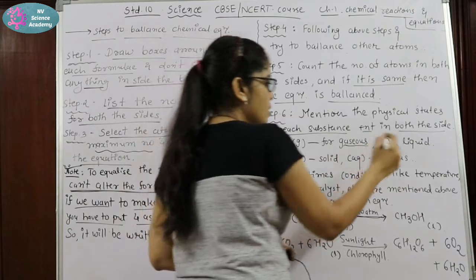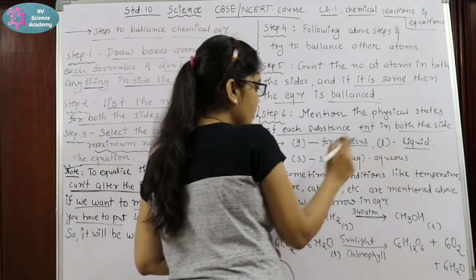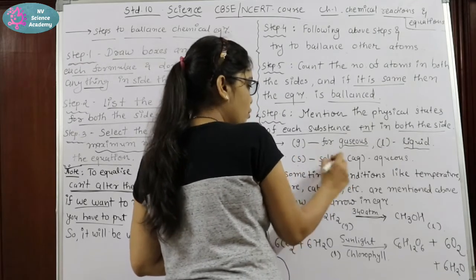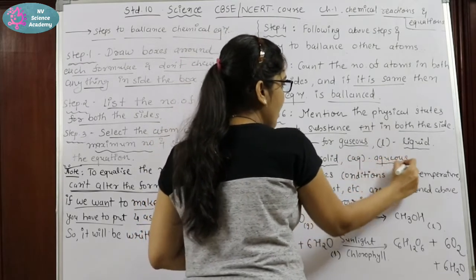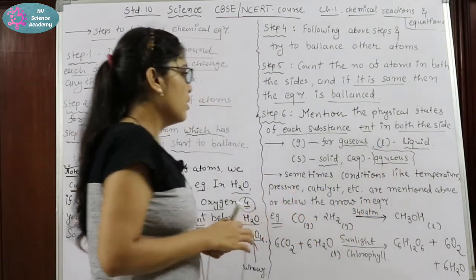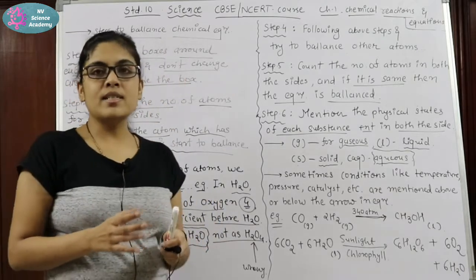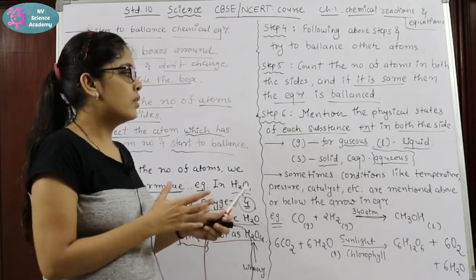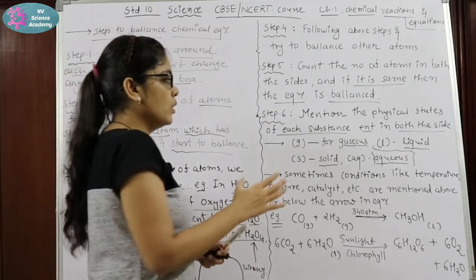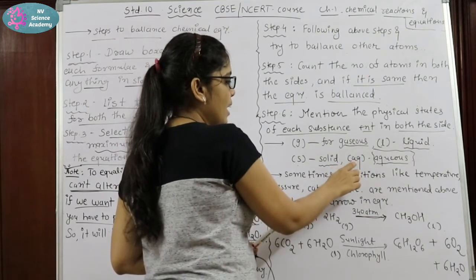If any substance is in the state of liquid, we will write small l. S for solid, and aq for aqueous. Aqueous means when any solution is made in water, it is called aqueous. So if any solution is made in water, you will write aq.